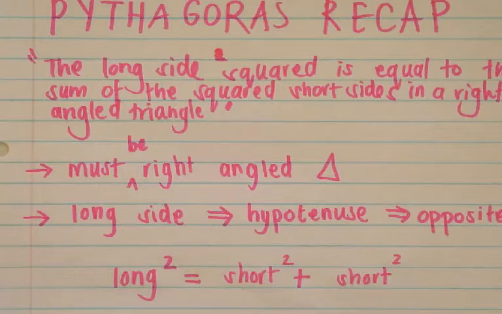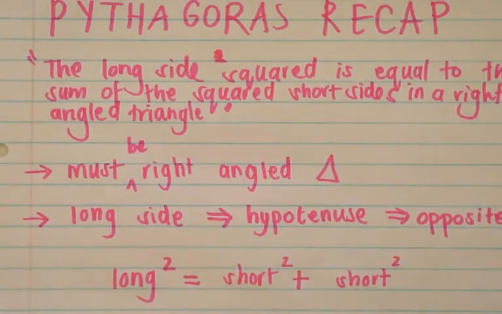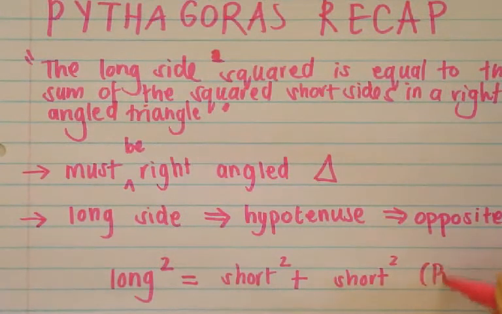Now when I give you a triangle, we actually have to call it by the side names. A, B, C, D, that kind of thing. And whenever we use Pythagoras, we need to give the reason, just like we did with all our other geometry.